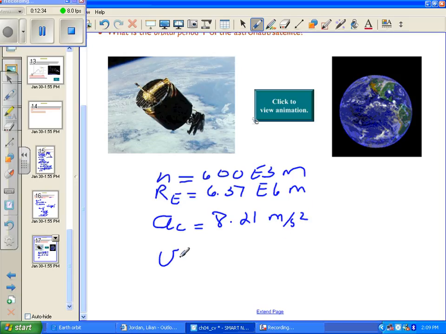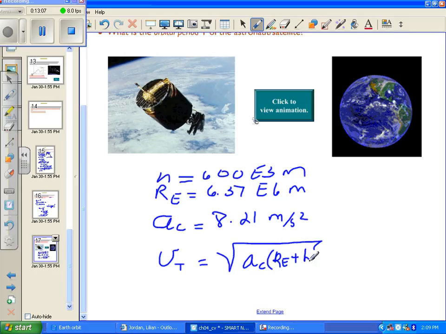So, to obtain the tangential velocity, we make use of the relationship that Vt squared over r is equal to centripetal acceleration. So when we solve for Vt, we get the square root of centripetal acceleration times the radius of the Earth plus the altitude.